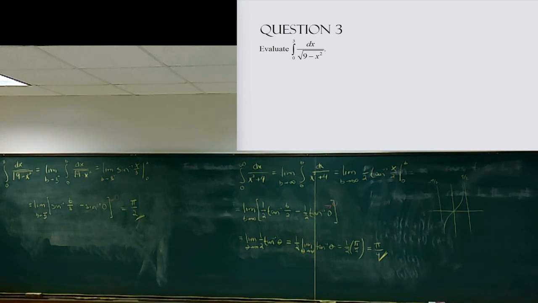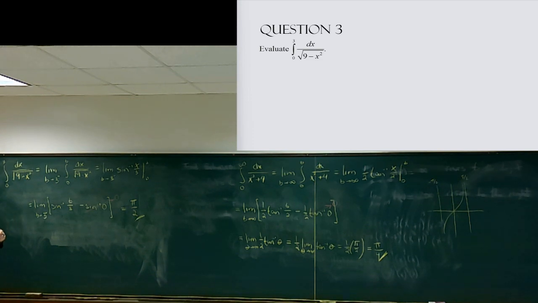But remember what an integral is. What's the interpretation of an integral? Area? Area under a curve, right? Between the axis and the curve. So the previous two, the interval was infinite, but the area existed.